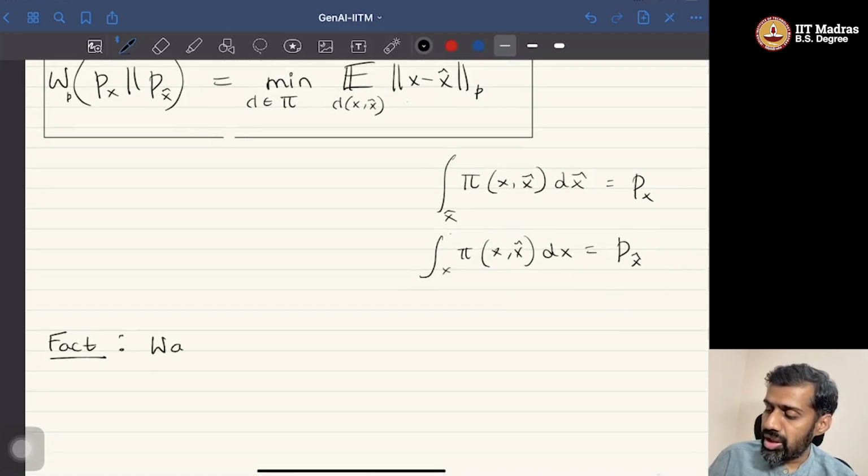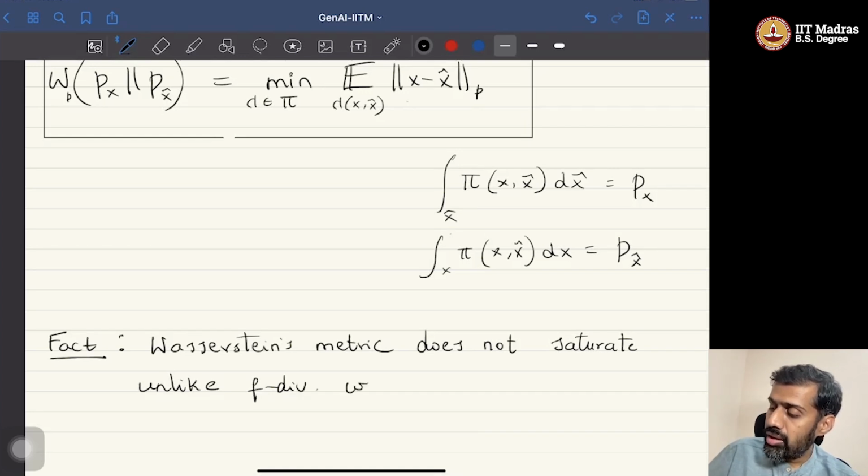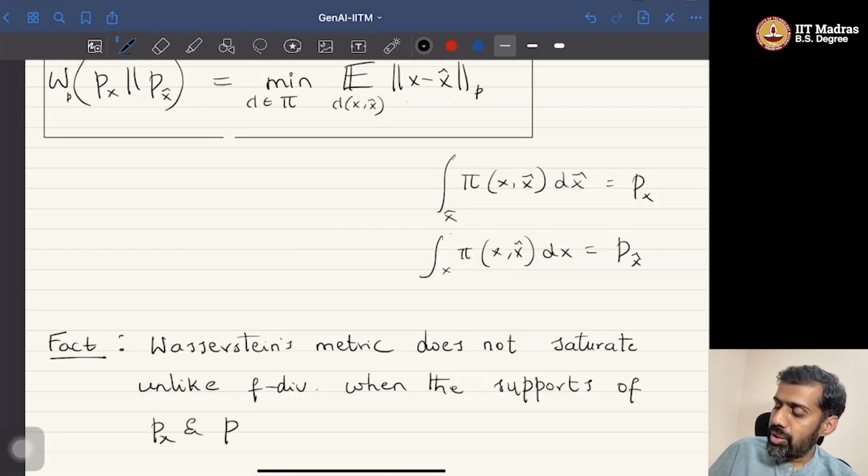So Wasserstein's metric does not saturate, unlike F divergences, when the supports of px and p theta do not overlap, in our case do not align.